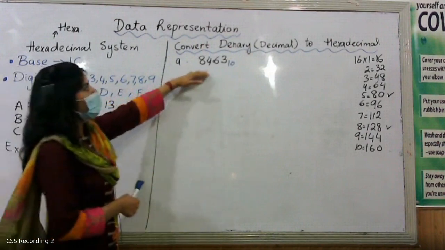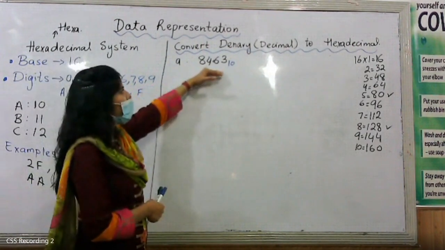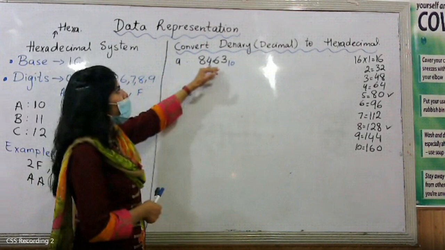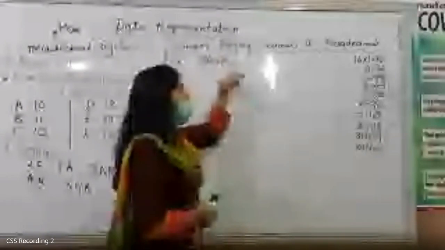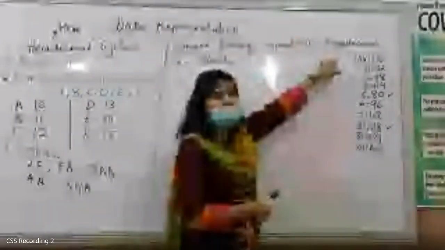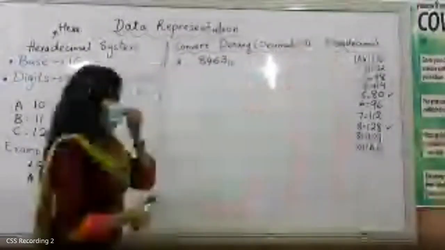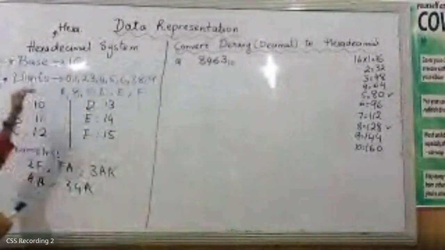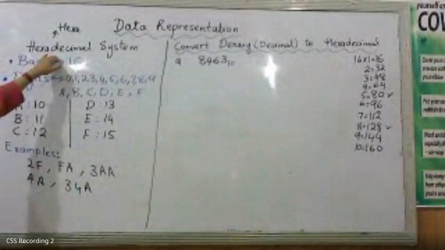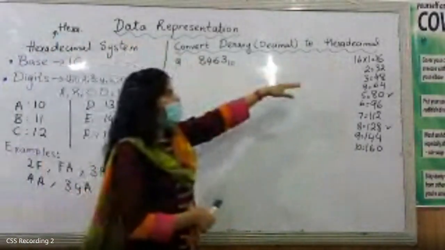Here is an example where we have the denary number 846, to be converted to a hexadecimal number, right? For your ease, as we use base 16 in hexadecimal, I have written the multiples of 16.